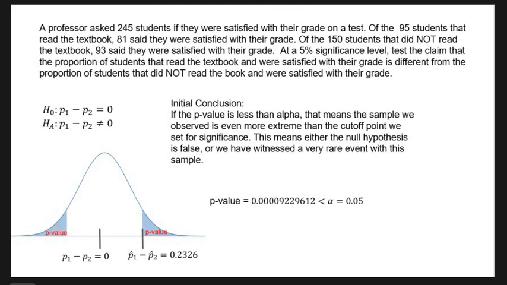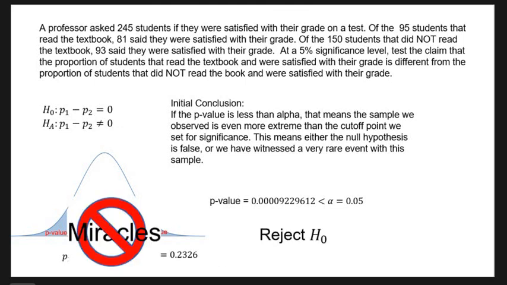This is a miraculous sample, like I said, and we reject the null distribution because we don't believe that this miracle occurred. We believe rather that we had the wrong assumption about what the actual null value was. And we don't believe that P1 minus P2 is equal to 0. We believe that it's different from 0. So we're rejecting the null hypothesis in favor of the alternative.